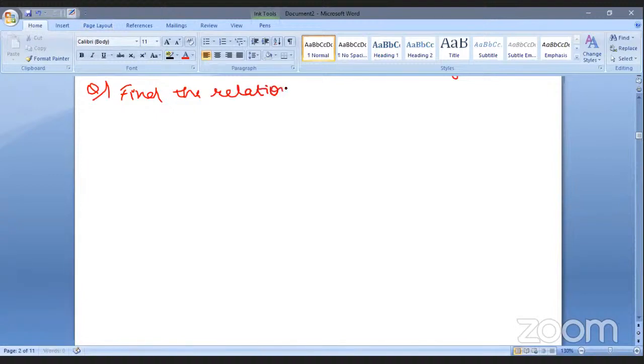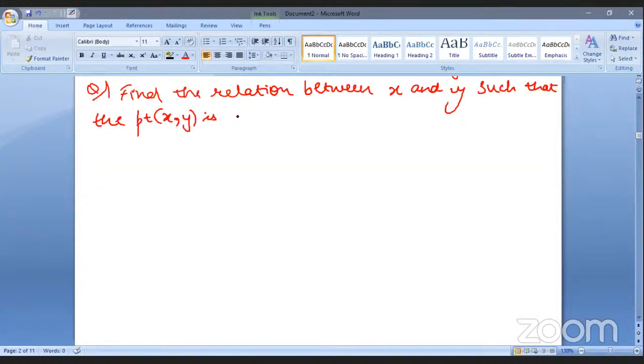Find the relation between x and y such that the point (x, y) is equidistant from the points A (2, 5) and B (minus 3, 7).